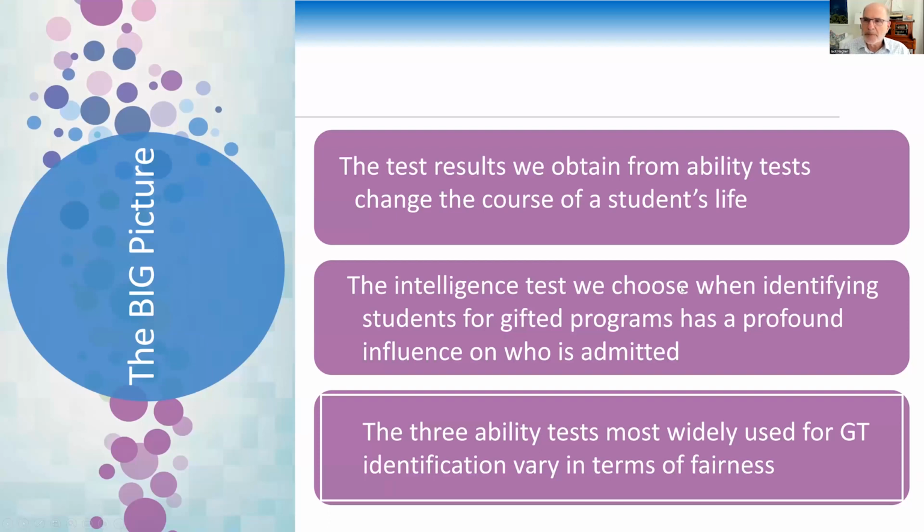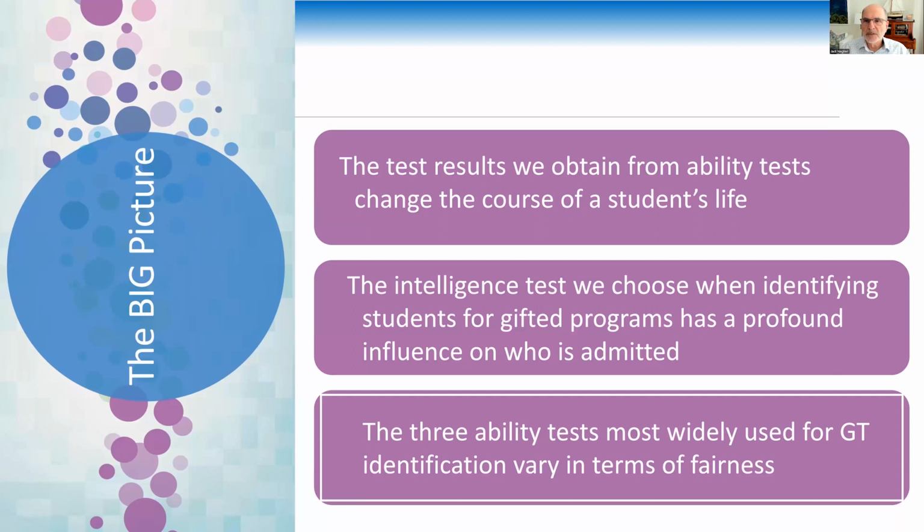First of all, I like to start with the big picture. And for me, especially as a school psychologist, I often think about how important the assessments, the identification procedures that we use are to students. We will change the course of a person's life based upon the information that we get and the decisions that we make.